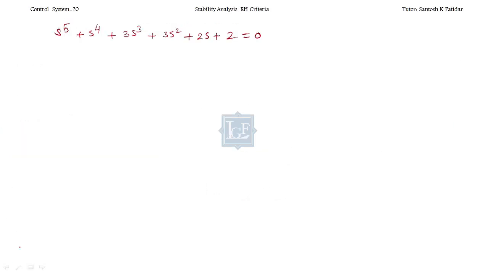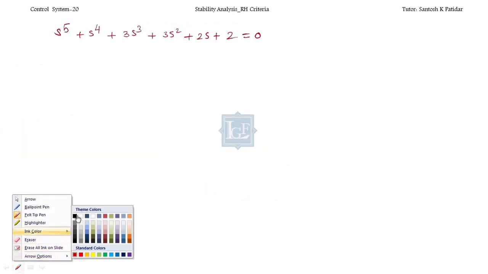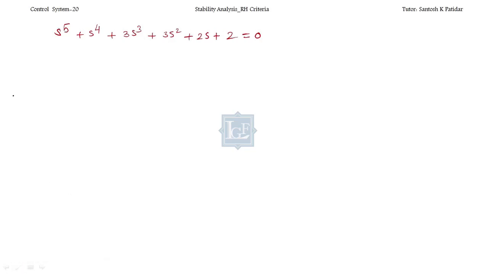So this is the question given over here. Again I have to form the RH table. S to the power 5, 4, 3, 2, 1 and 0.